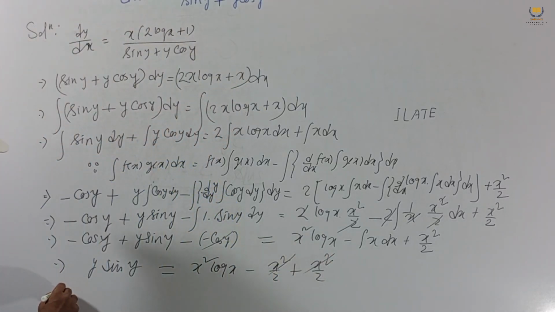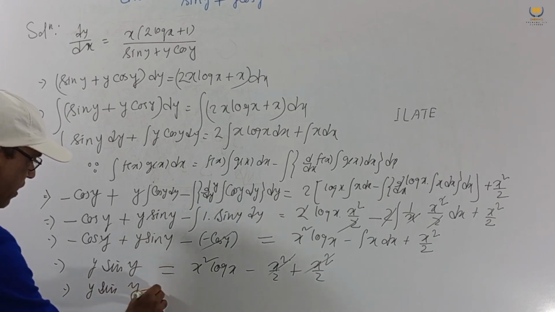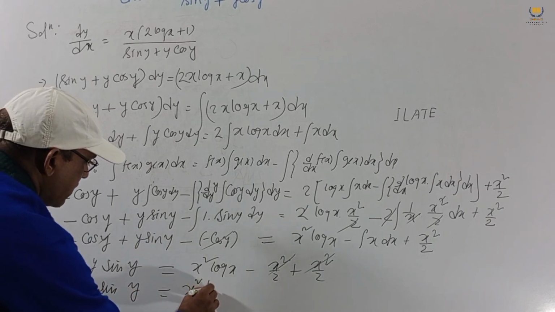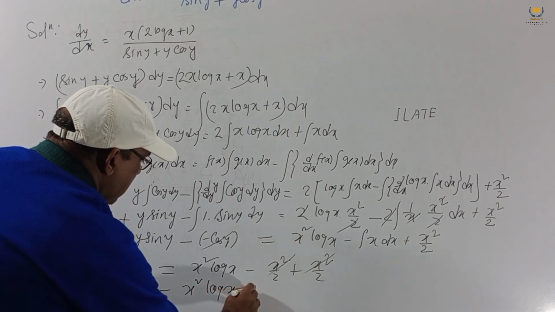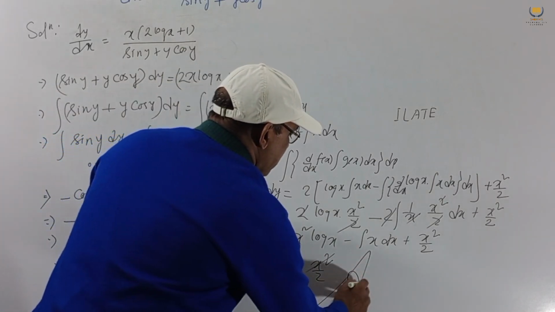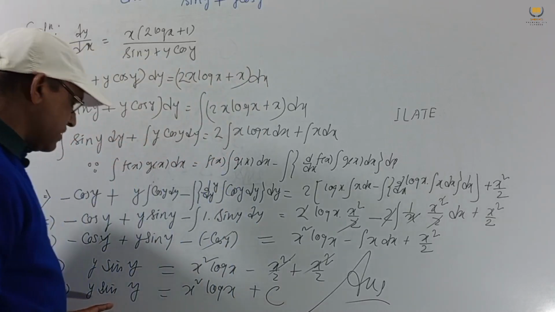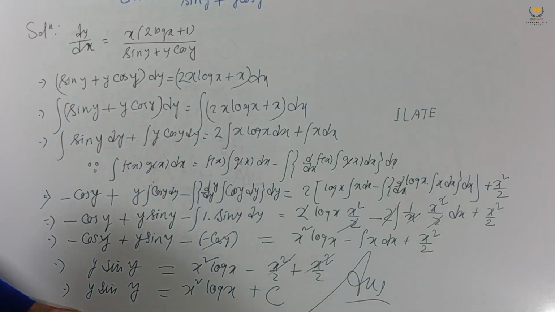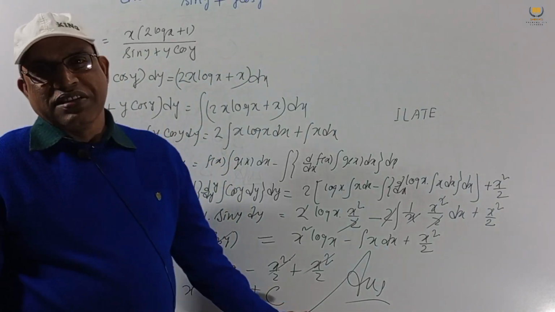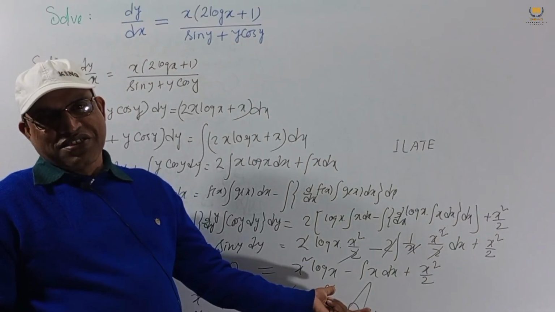Finally we get y sin y equal to x square log x plus c, and this is our final answer. So the answer is y sin y equals x square log x plus c. Very nice solution, very easy solution.